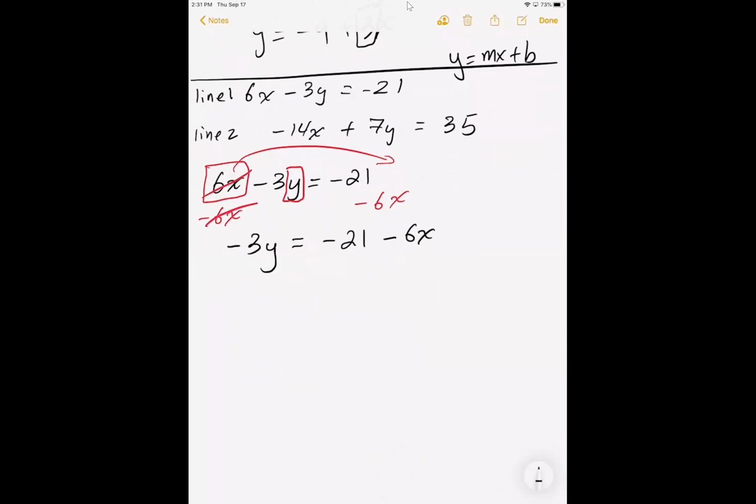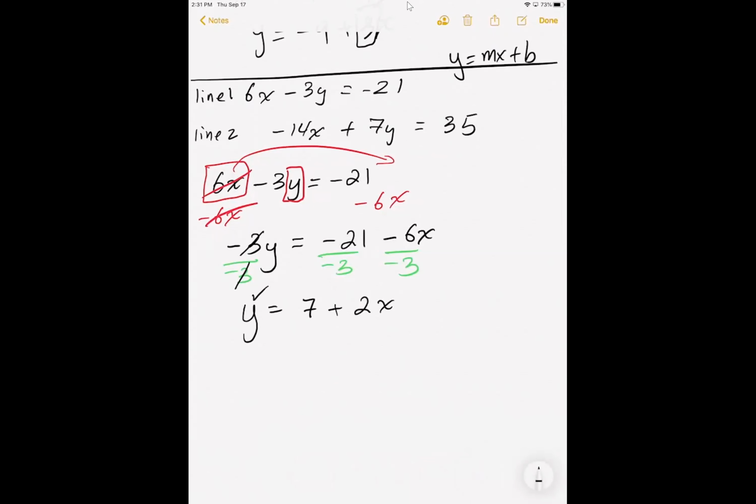How do I get rid of this negative 3? I need to divide by negative 3 to every single term. If I divide every term by negative 3, I get y equal to negative 7, and negative 6x divided by negative 3 gives me a positive 2x.